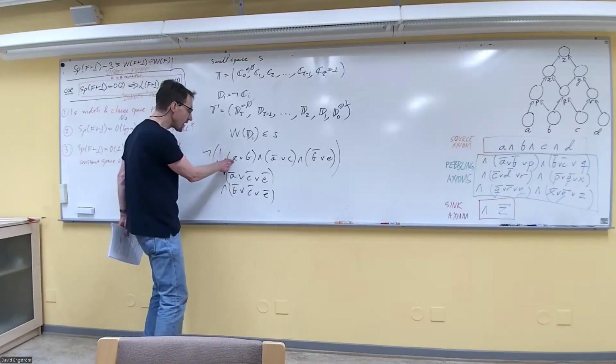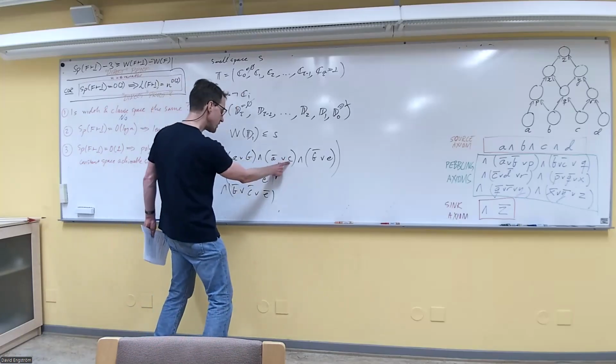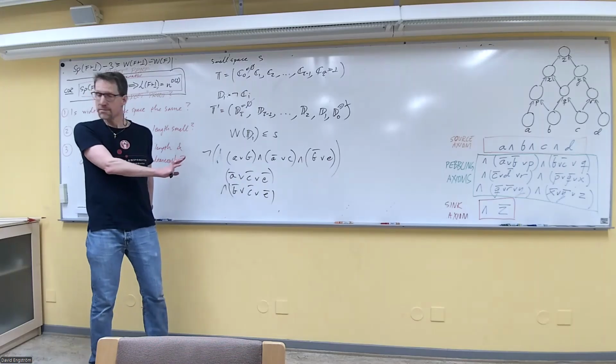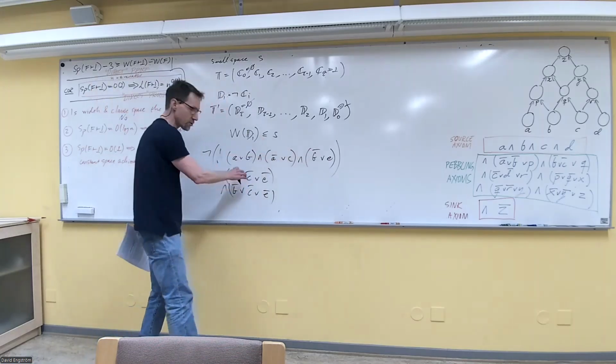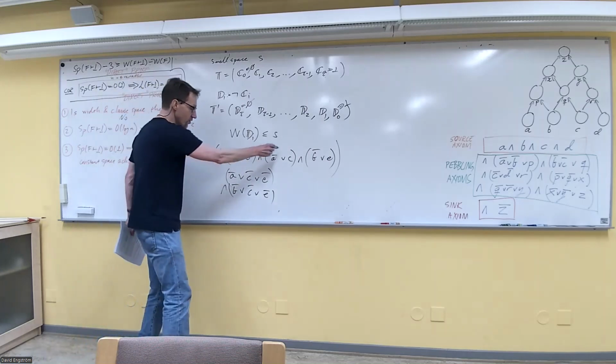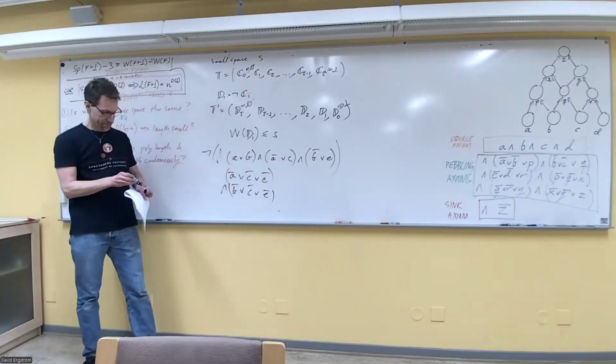I could satisfy A, I could satisfy C, I could satisfy E, and this clause says no, you're not doing that. So for any way of picking out one of these, you pick up one literal per clause.